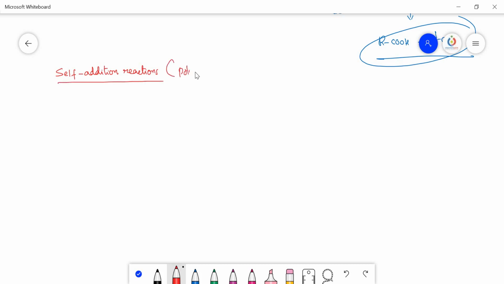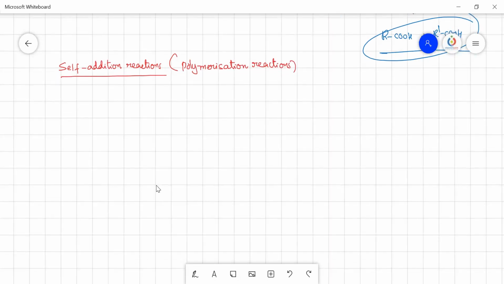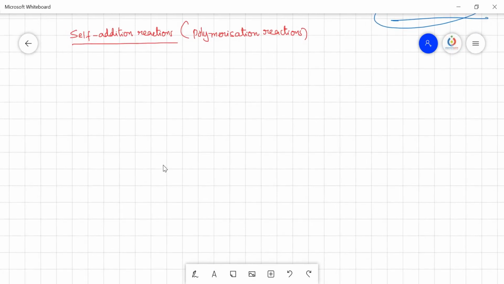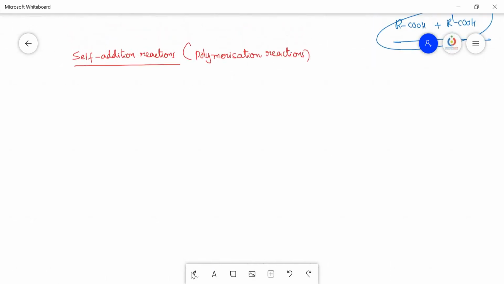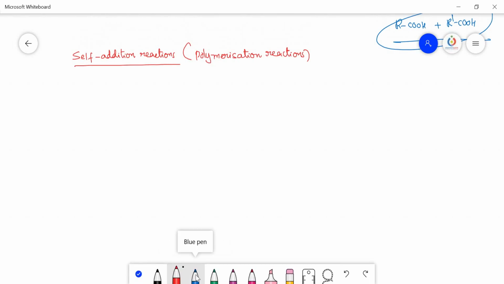Based on the number of alkyne molecules that participate, they are called trimerization, tetramerization, like this. If 3 molecules participate, that is called trimerization. If 4 participate, tetramerization, like this.